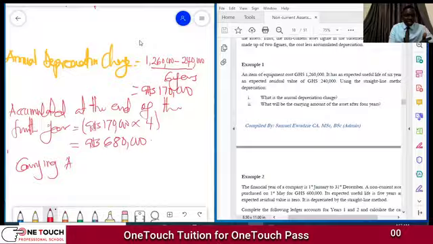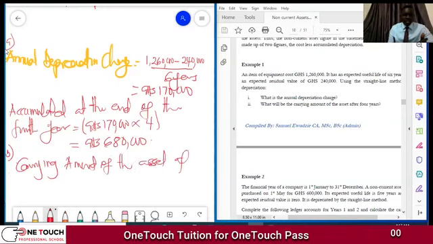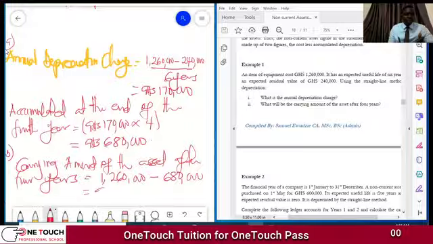Therefore, the carrying amount, that is the B part of the question. So the carrying amount of the asset after 4 years will be equal to the cost of the asset, 1,260,000, minus 680,000.